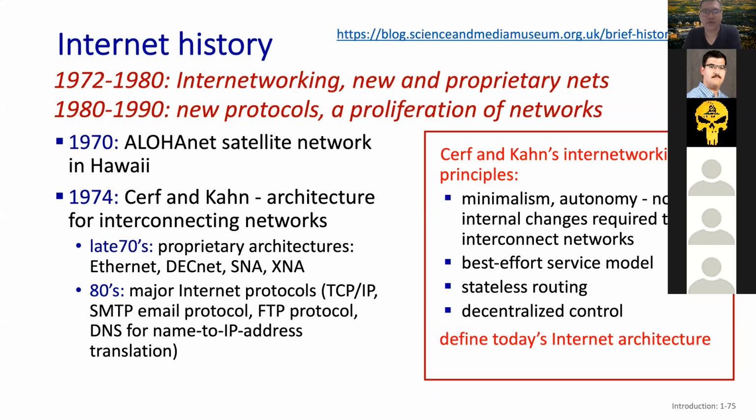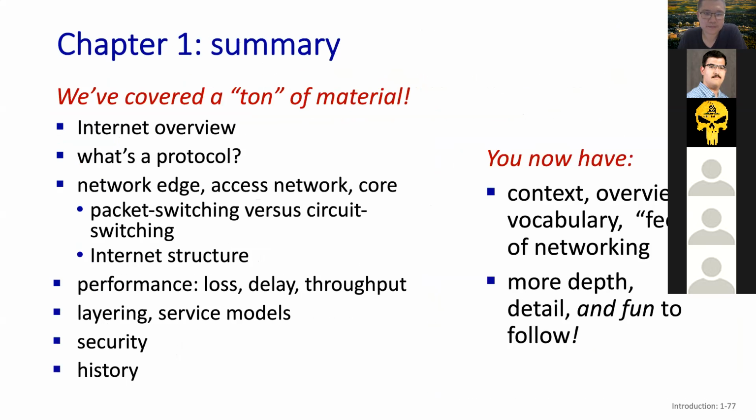And they also contributed to the whole development of worldwide networking or the internet. But we just focus on the parts that happened in the States, okay? So I think that's the main part of chapter 1.